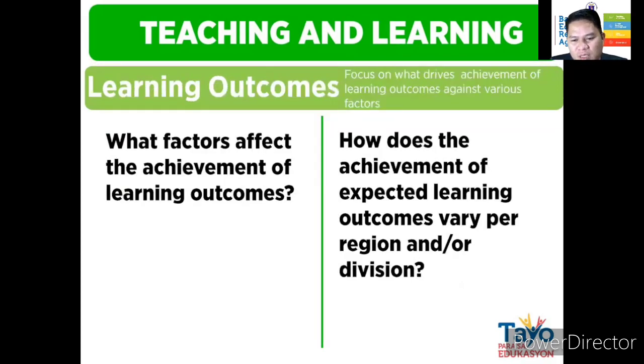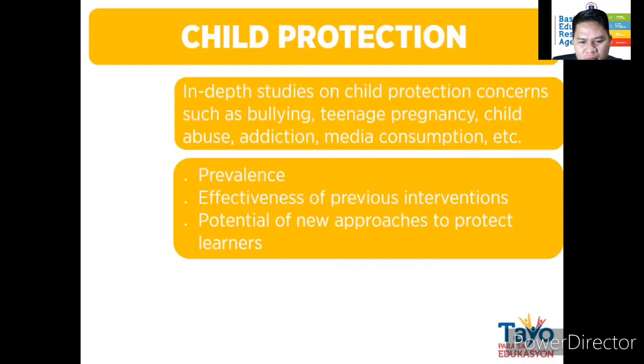For the learning outcomes, focus on what drives achievement of learning outcomes against various factors. We have the research questions. What factors affect the achievement of learning outcomes? How does the achievement of expected learning outcomes vary per region and or division? So let's now proceed to the second theme, child protection.